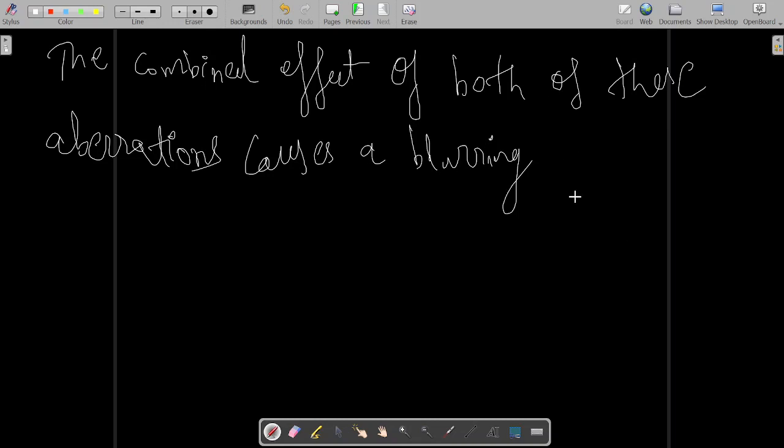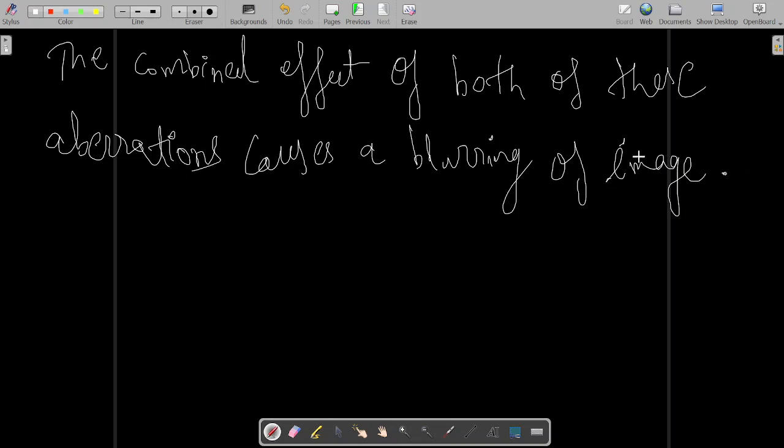Okay, blurring of the image will take place because instead of getting focused at a single point, the image will be focused over an area. So the combined effect of both these aberrations causes a blurring of the image.